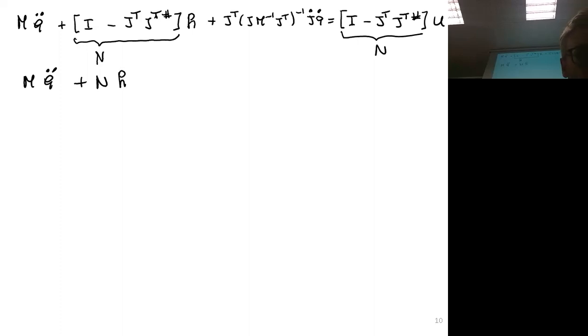So this is the final expression, where I replaced lambda, of the constraint dynamics.